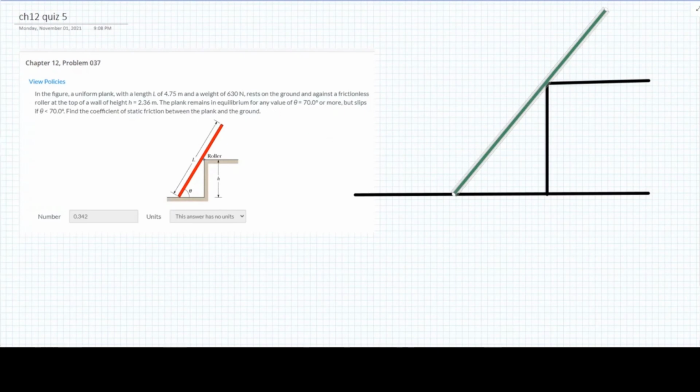All right, so let's do some free body diagramming. Here's the normal force. This is the force on the roller. It's a roller, so frictionless roller. So if this is a roller, the normal force would look like this.